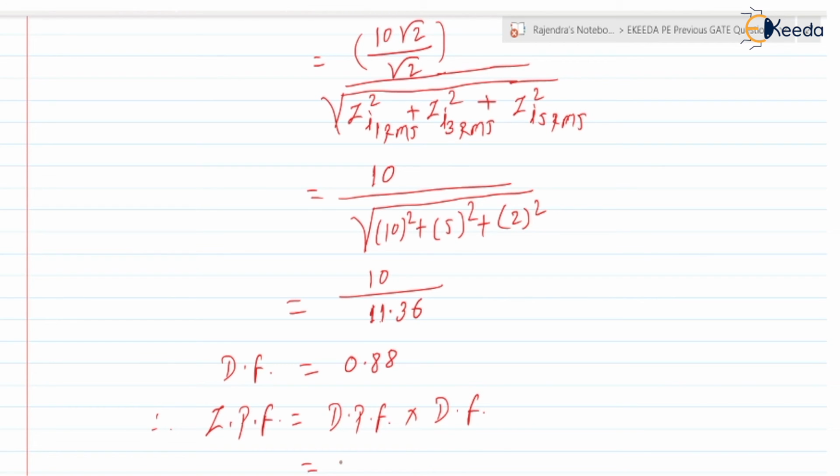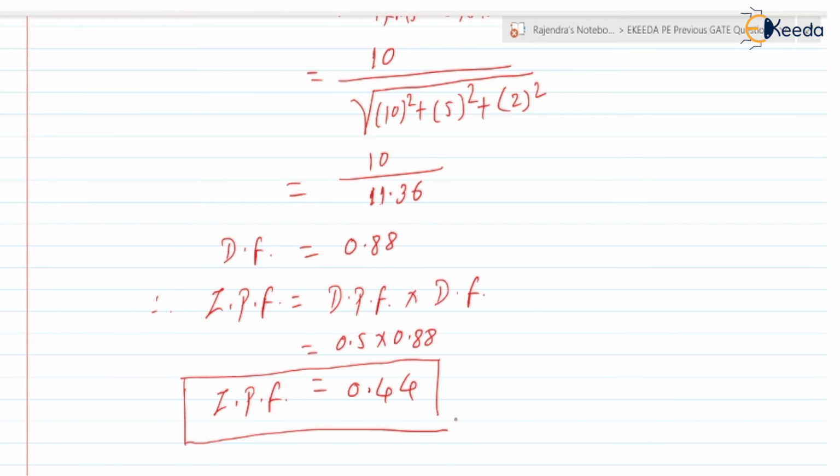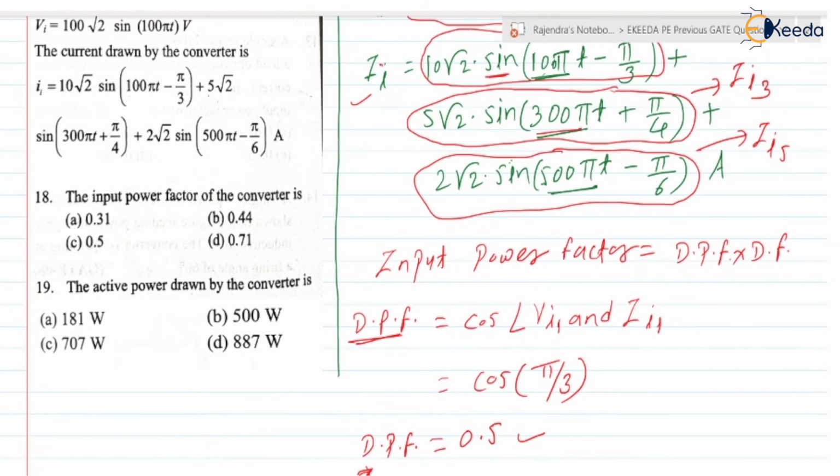The displacement power factor is 0.5, into 0.88, so you can write 0.44. This is the input power factor. If you check the options, the final answer for the first question is 0.44. So it is a product of displacement power factor into distortion factor.